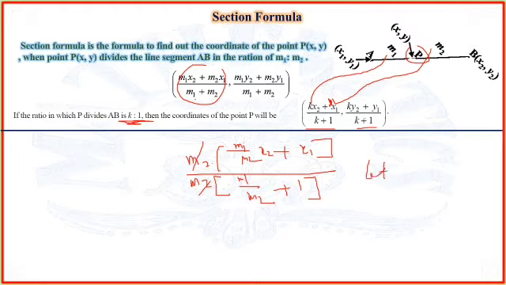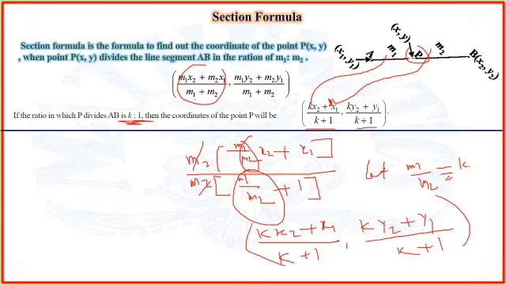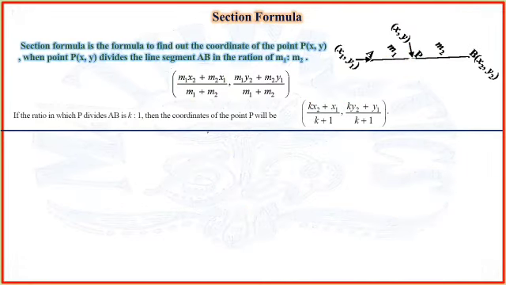Now let m1 upon m2 be equal to k. So k x2 plus x1 upon k plus 1, since m1 upon m2 is k. Similarly, for y also we can write (k y2 plus y1) upon (k plus 1). So these are the same coordinates of x and y in a different condition, when the ratio is given as k ratio 1.